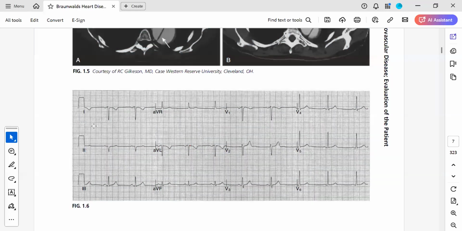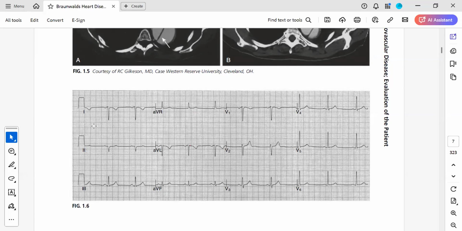This could be a differential for dextrocardia because, of course, in dextrocardia, we expect that the aVR will be upright as the R wave. However, for us to say this is dextrocardia, we also have to look at the precordial leads. And in the precordial leads, if that was dextrocardia, we would expect that there will not be R-wave progression.